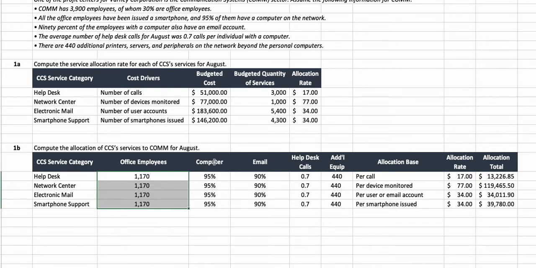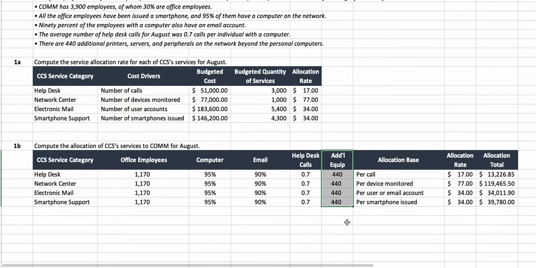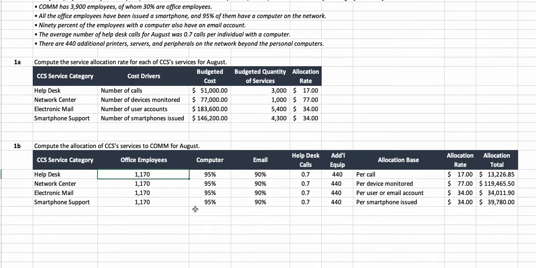I have a column for employees with computers and email, the number of help desk calls, and we also have additional equipment, and those are the peripherals that they talked about. Okay, so with the computer, we know that we start with 1,170 employees.